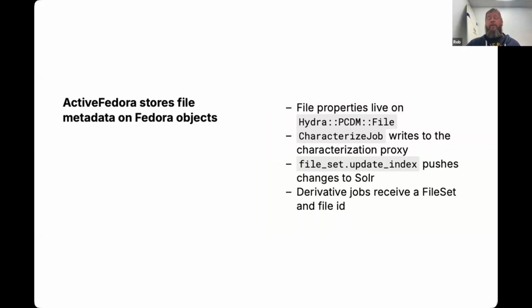If it's an image, it'll get its size and maybe its color raster. If it is a PDF, it'll get the number of pages, and maybe something about the format of the page. If it's a video, it'll get what codec it is. Those are the kinds of things you get from characterization. And then at the end, it does a Solr index and kicks off the derivative job. So if we're going to make thumbnails, etc., that's where this starts.